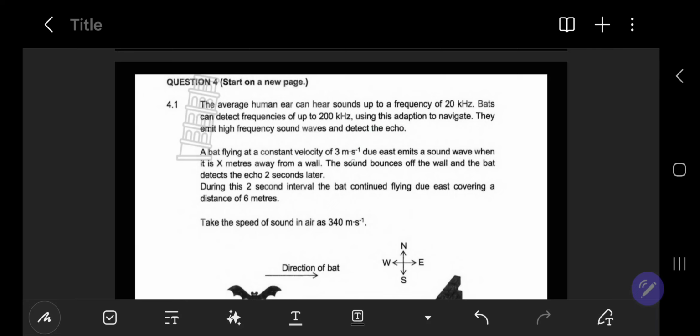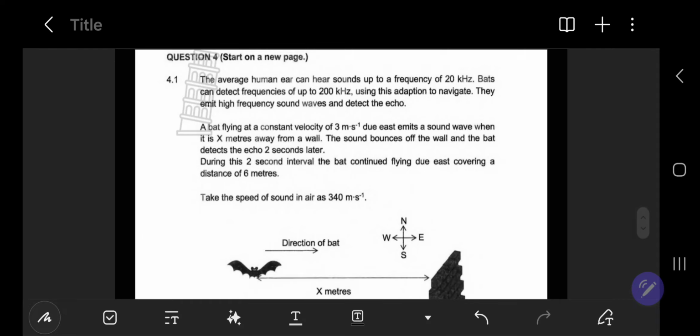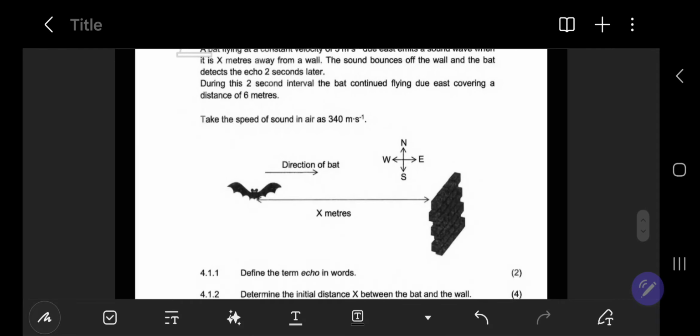All of your values are given in here, as well as the motion of this sound source, where the bat here is a sound source because it is emitting the sound. Okay, so we see that the bat is going east. There's the bat going to the right.